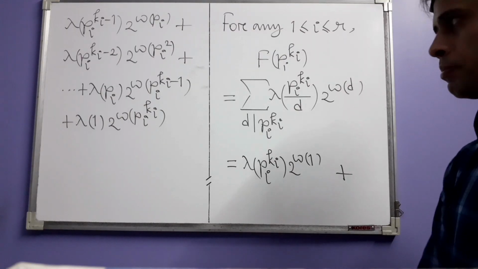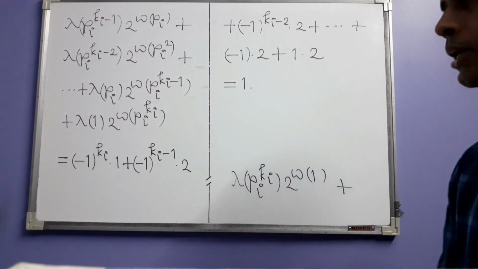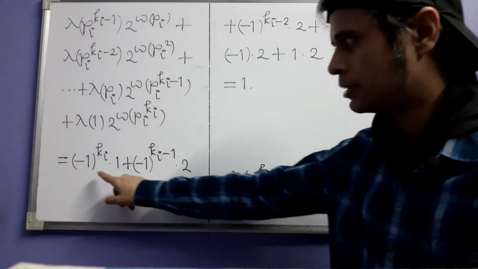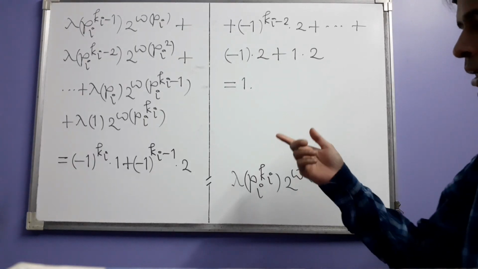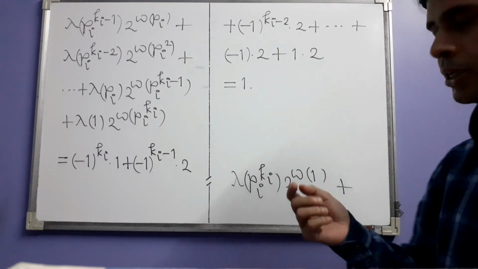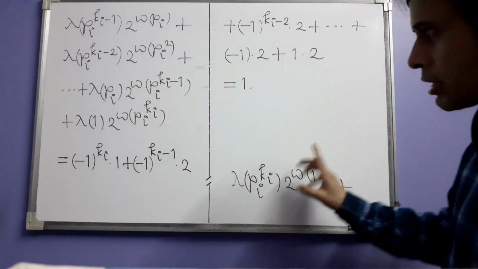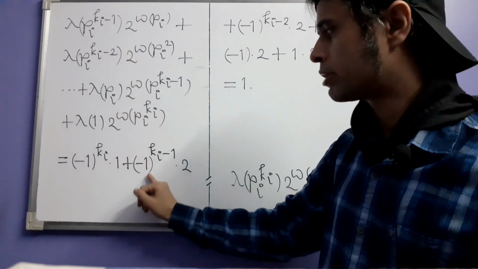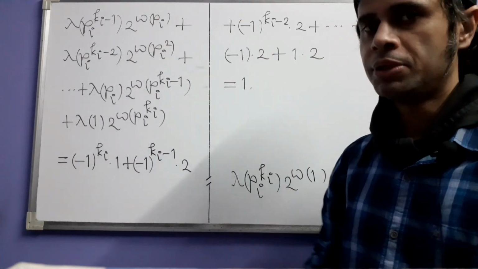Alright, now, in the next step, we use the lambda and omega values. Lambda of pi to the power ki by definition is minus 1 to the power ki. And when showing that our function f is multiplicative, we saw that omega of 1 is 0. So this is 2 to the power 0, so that is 1. This one is minus 1 to the power ki minus 1. What is omega of pi?